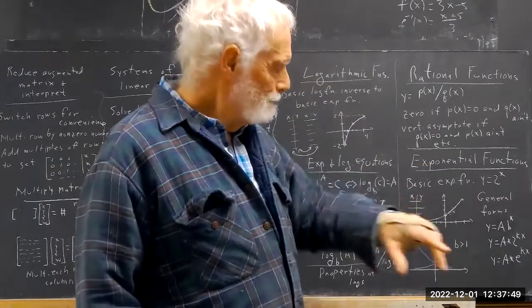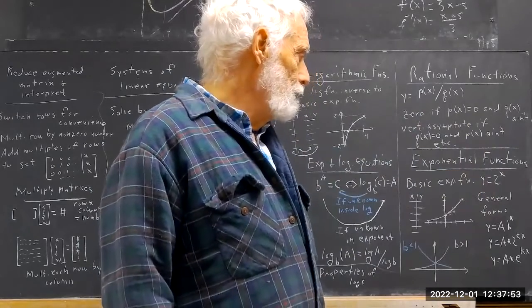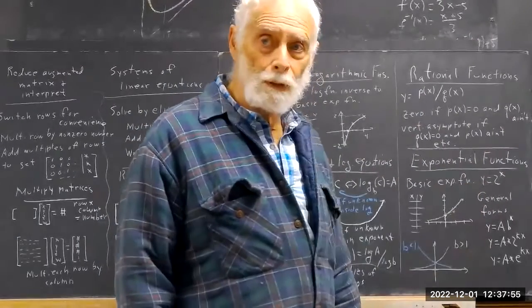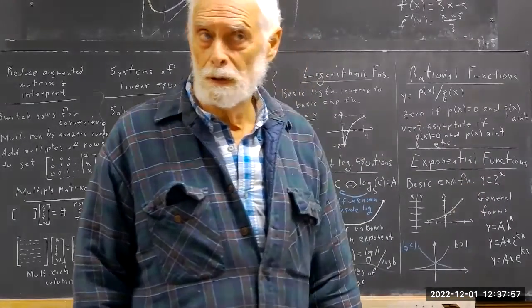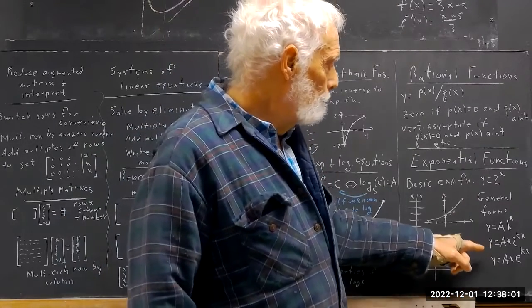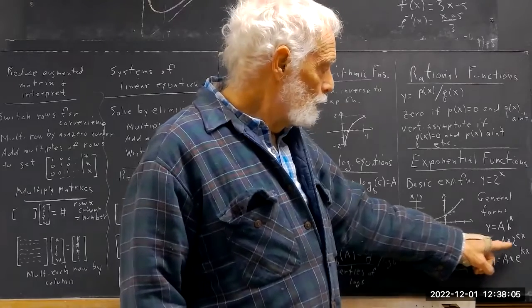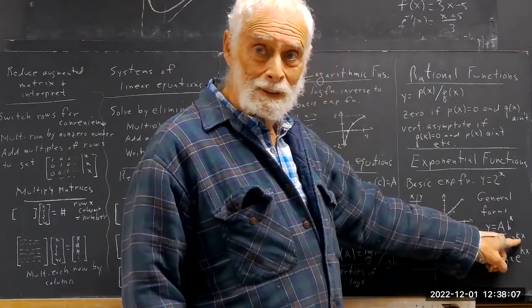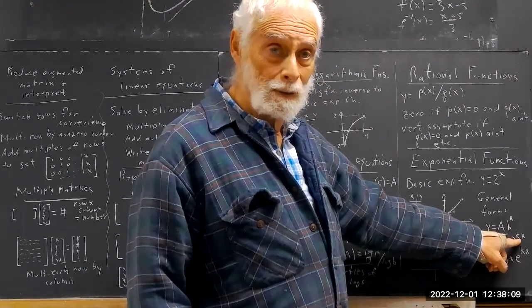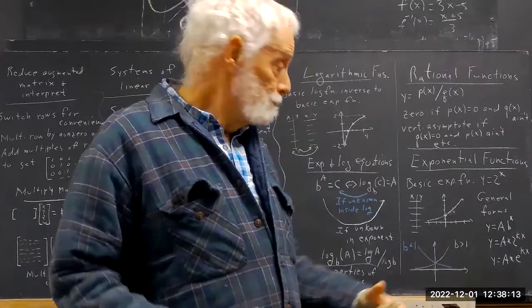It's shaky. So anyhow, this function, of course, can be modified in the most straightforward way by giving a vertical stretch by factor A and a horizontal compression by factor K, or horizontal expansion if K happens to be less than 0.